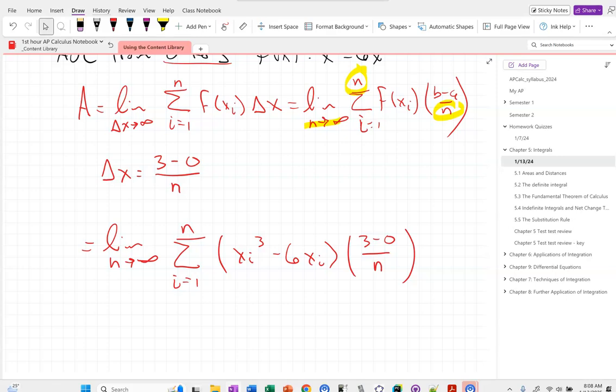So far, so good. I want to now come up with an expression for these xi's that are in terms of n.